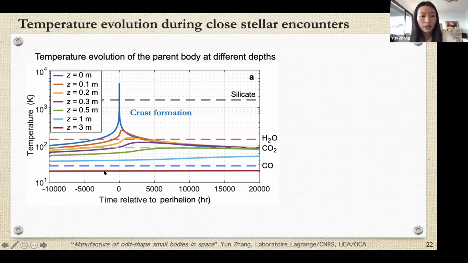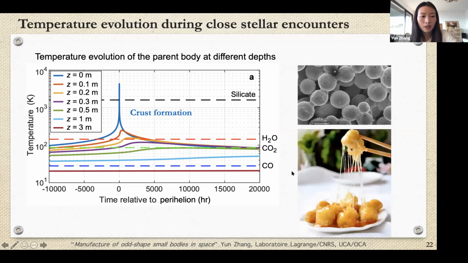Here, these curves with different colors show the temperature evolution of the parent body at different depths. Such a thermal process may induce the formation of sintering bonds between surface particles, adding cohesive strength to the material. So in this case, these particles have a higher resistance to their relative motion.